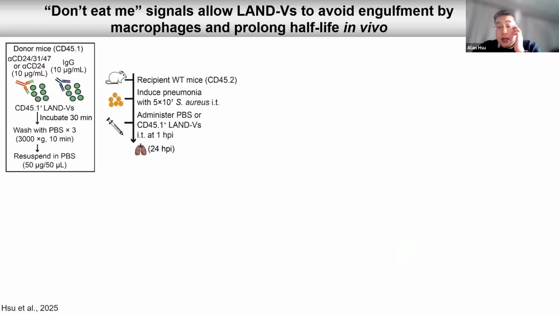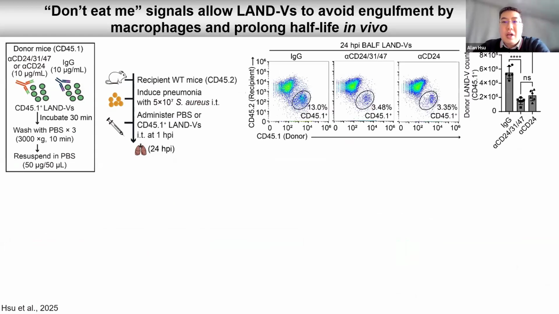So we tested this again in our pneumonia model where we blocked don't eat me signals on the LAND-Vs and then transferred them and saw if we could recover them. So at 24 hours, we used the CD45.1 LAND-V and put it into CD45.2 mice. We found that normally you can recover about 13%, but once you triple block or just block CD24, you have a much lower recovery rate.